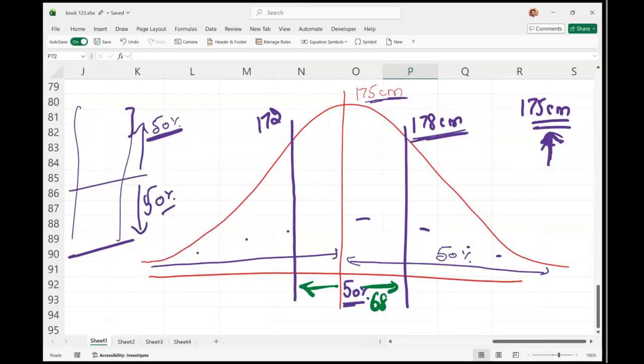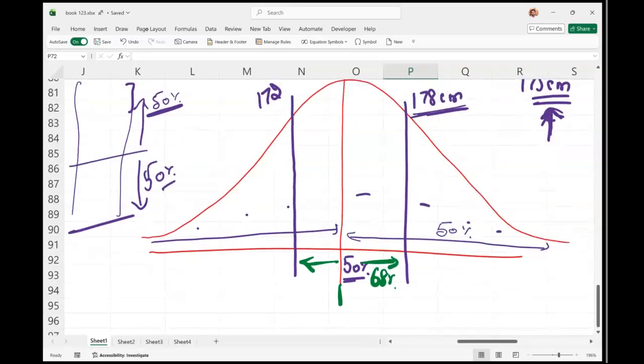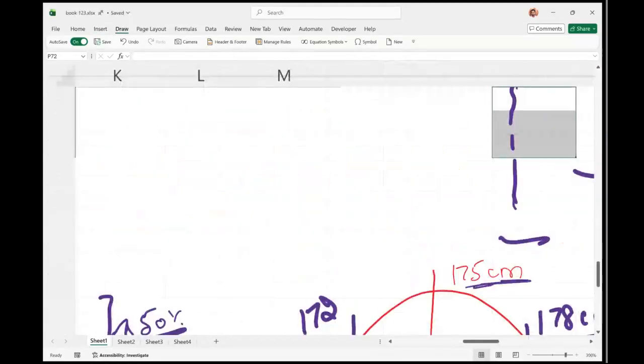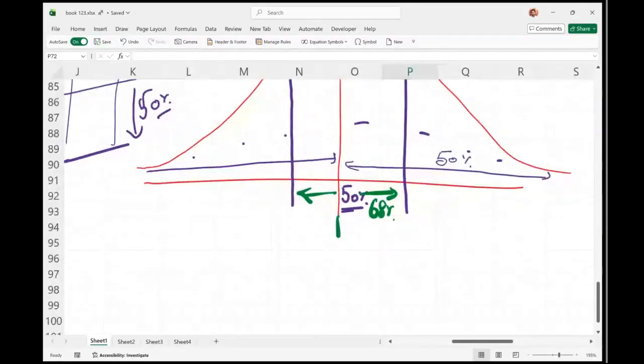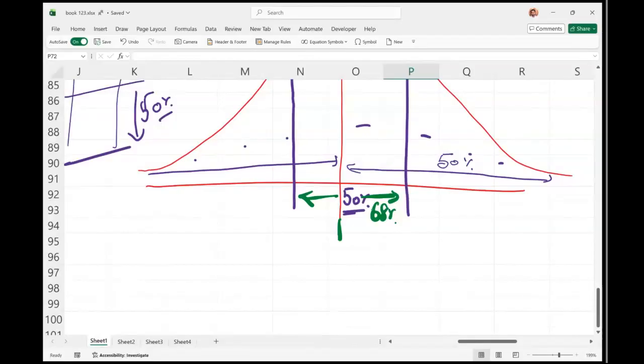This is 50. So if I were to do the math, how much will this value be here? Middle 68 means 34% on this side and 34% on this side, so this will be 16% from the starting point.